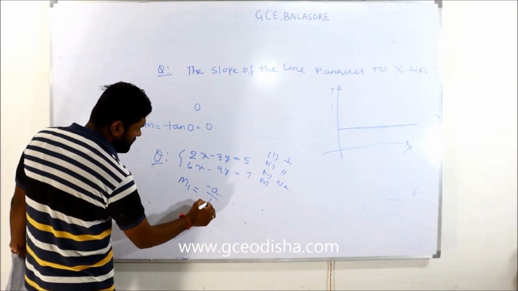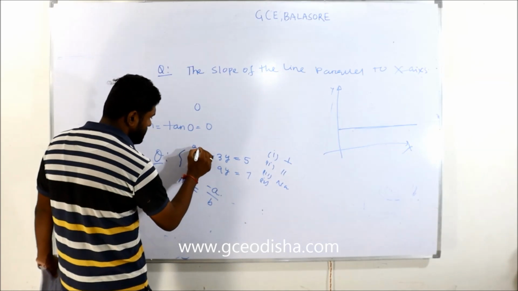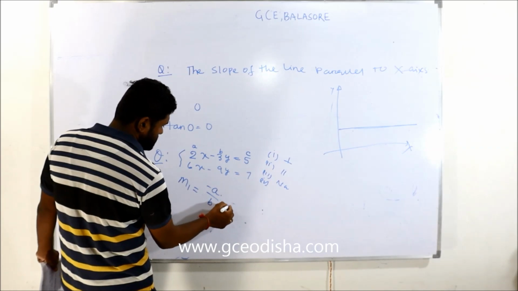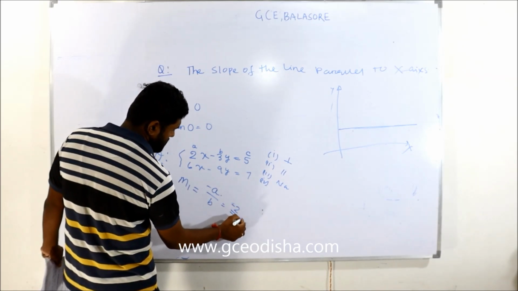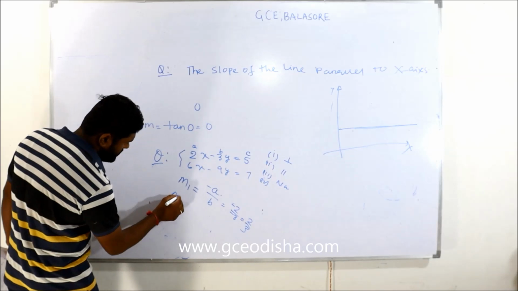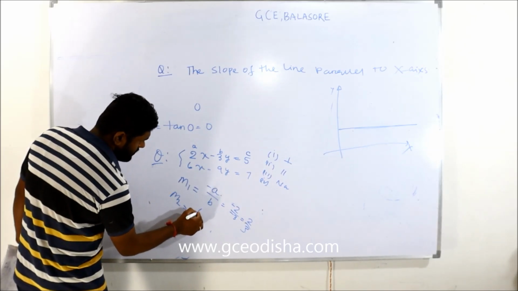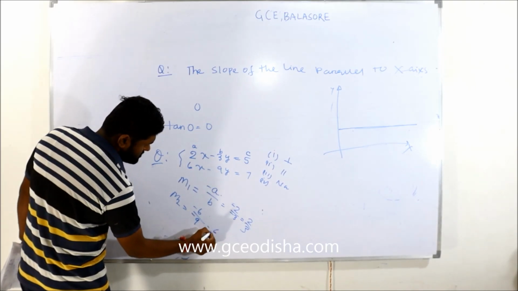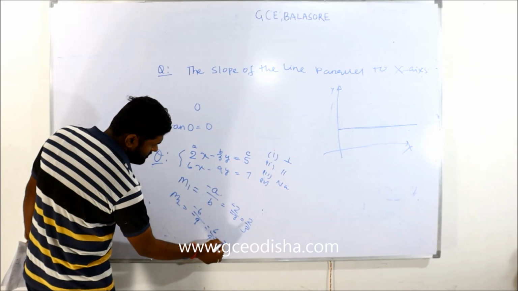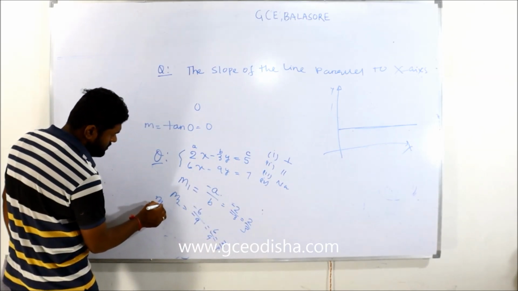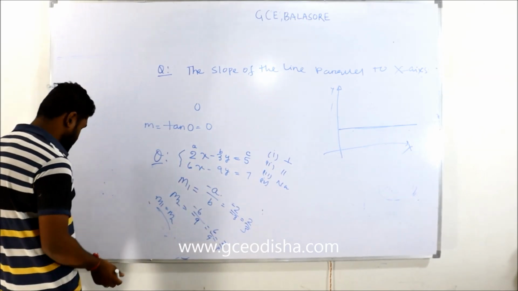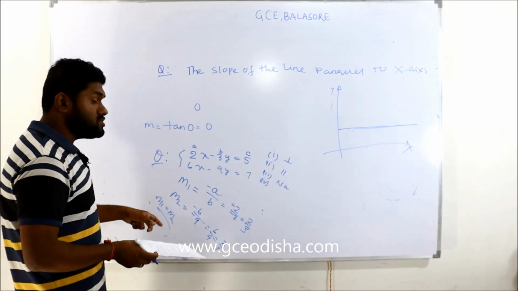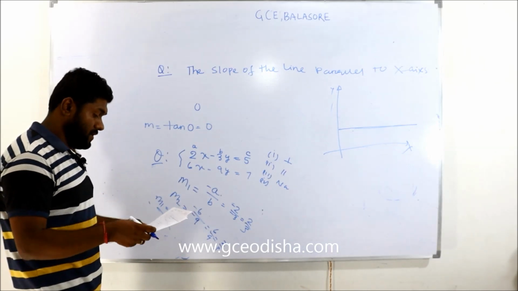Minus A divided by B. This is A, this is B, and this is C. Then minus 2 divided by minus 3, this is equal to 2 by 3, and M2 is the same: minus 6 divided by minus 9, just 6 by 9, and divided by 3, this will come 2 by 3. Then M1 is equal to M2. Then both lines are perpendicular, because in the above concept we saw that when slopes are equal, then both lines are perpendicular.